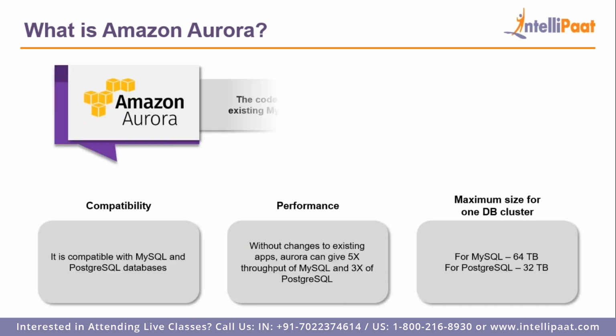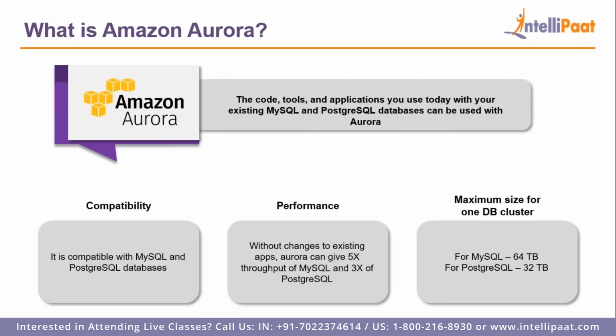Now you will already be using your MySQL or PostgreSQL database locally for your application, or internally within the company. You can use the same code, the same tools, the same applications you use with the existing MySQL and PostgreSQL database with Aurora also. You will just have to change a few configurations.